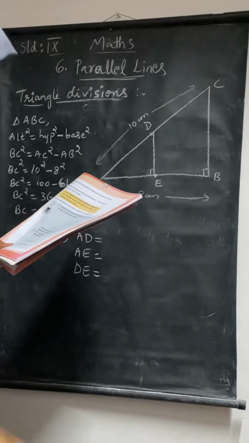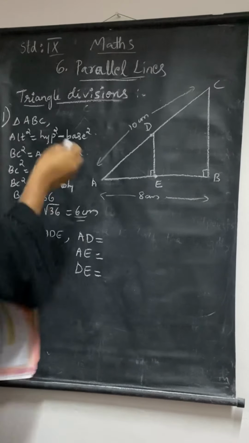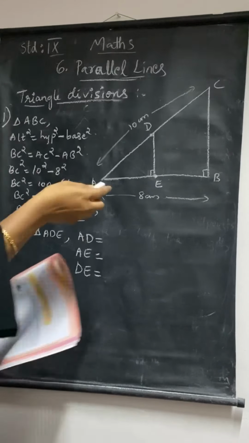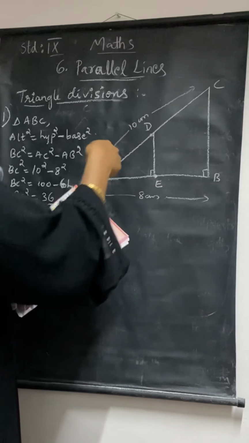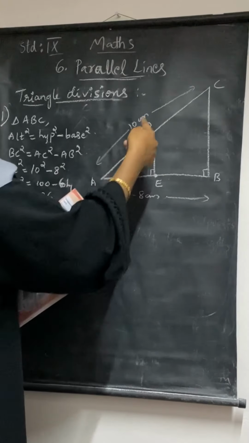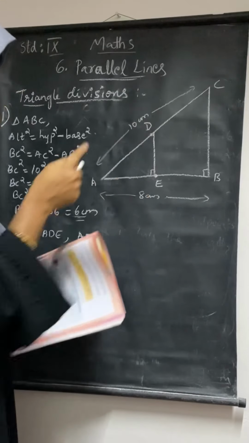Next problem, we can see from page number 93, the first question. You can see the diagram there. In the picture, the perpendicular is drawn from the midpoint of the hypotenuse of a right triangle to the base. Means to the midpoint, one line is drawn like this.